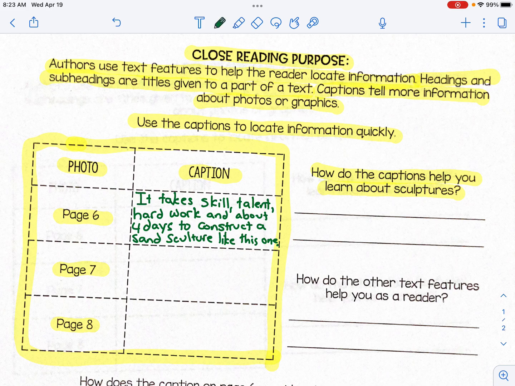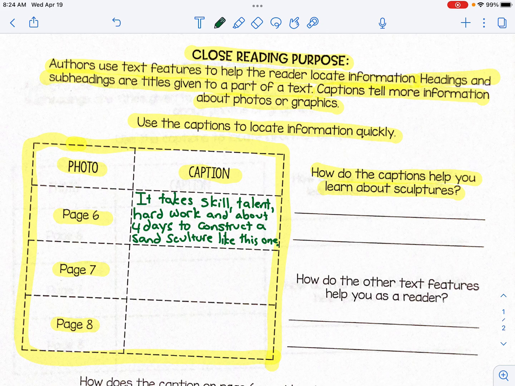So when we looked at the picture on the bottom of page 6, we learned a little bit about what sculptures look like, right? The sculptures were pretty awesome. They were very detailed. It looks like a giant castle, and whoever made it put a lot of work into it. Okay?